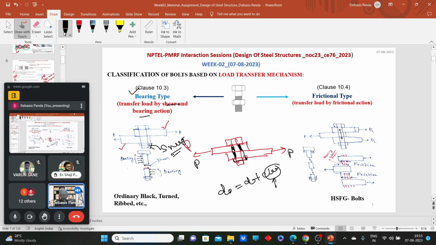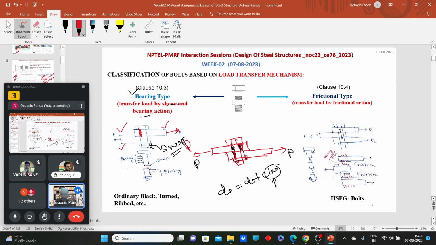Obviously, when slip occurs, the clearance will reduce, and these two parts specifically, this part and this part. From this drawing you can see that if I pull this plate from this side, obviously this part will come in contact with the plate. Now when it comes in contact with the plate, what will happen?